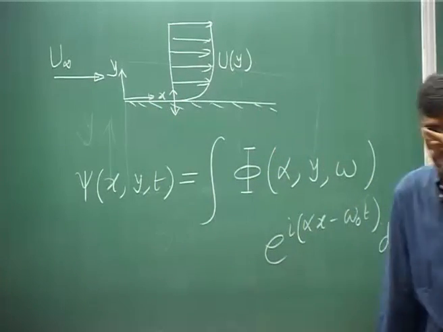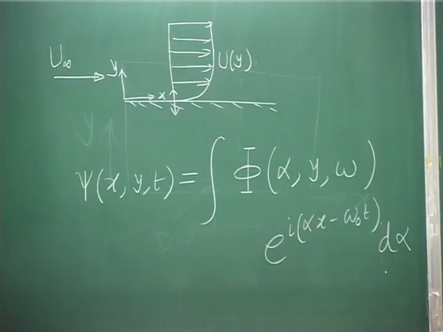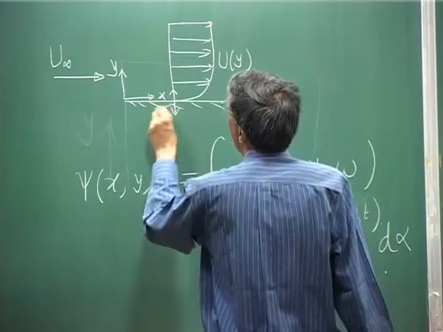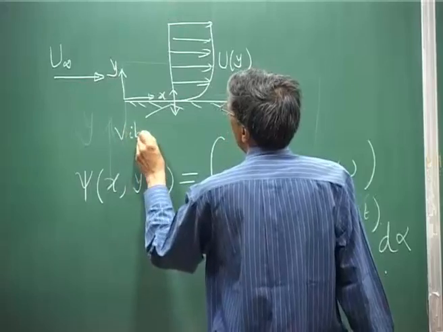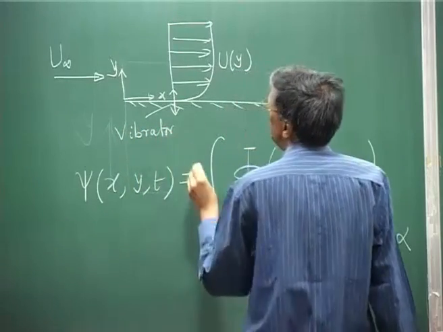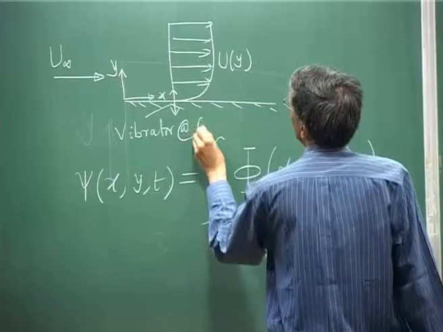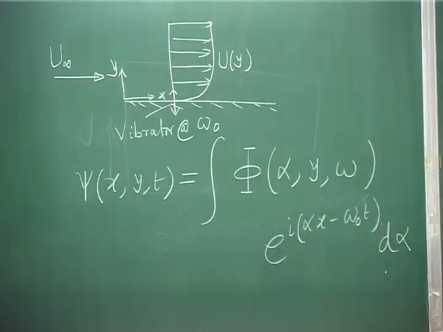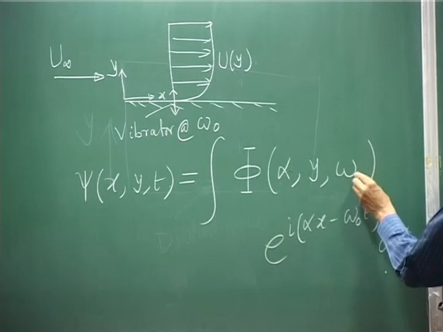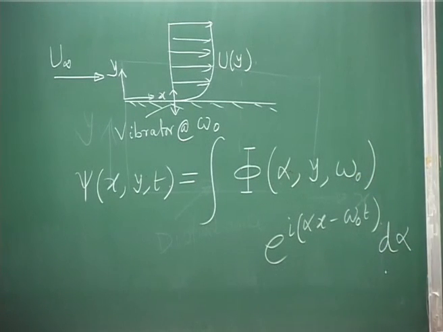Let us say I put in a vibrator there to create disturbance, and this vibrator is oscillating, let us say, at a frequency of omega naught. That is what this omega naught comes in here, and we are just trying to find out if that time dependent excitation creates some disturbance which grows in space. So, that is what we are looking for.